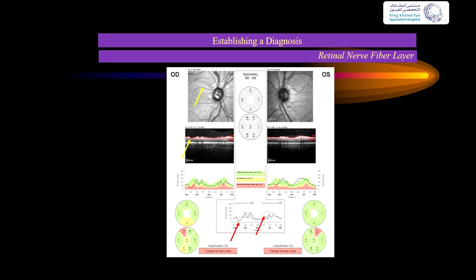So wherever there is a difference between the right and the left eye is where you will see the abnormalities. Once you have looked at this, you look at the comparison to the normative database. Then you look at the actual scan to make sure that the segmentation is correct. And then look at these scans, because these scans are also very valuable. Like you can see this nerve fiber layer defect right here.